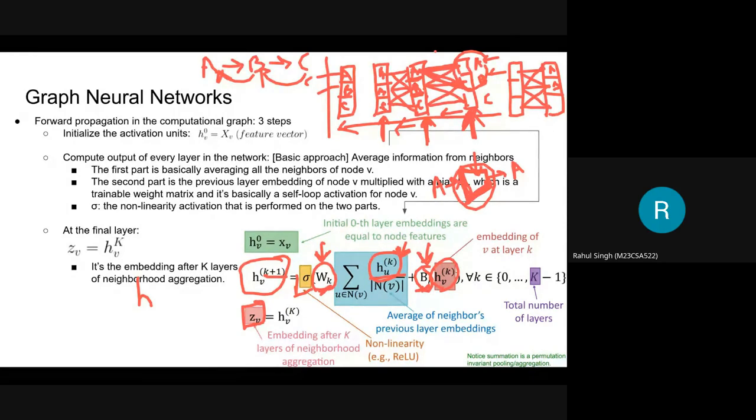It's not pre-decided, it's learnable. Random initialization will be there, and finally you will apply, say, a classification loss on top of the last output.